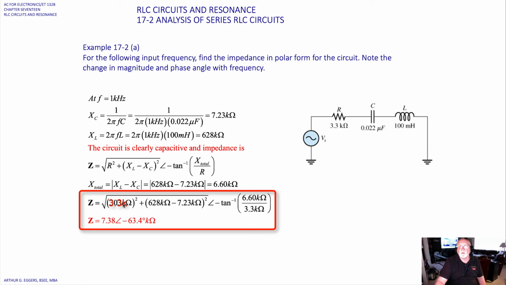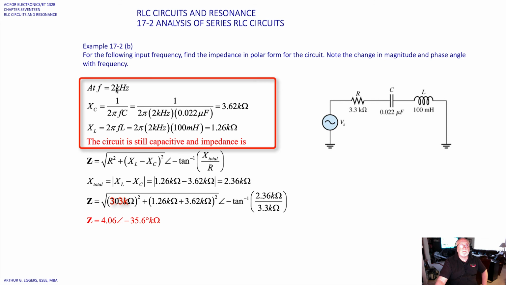That should be 3.3 k ohms, so that should be a decimal point there, not a zero. And the inverse tangent of the relationship 6.6 k over 3.3 k, the k's cancel out, and we end up with a total impedance of 7.38 at an angle of minus 63.4 degrees, in k ohms.